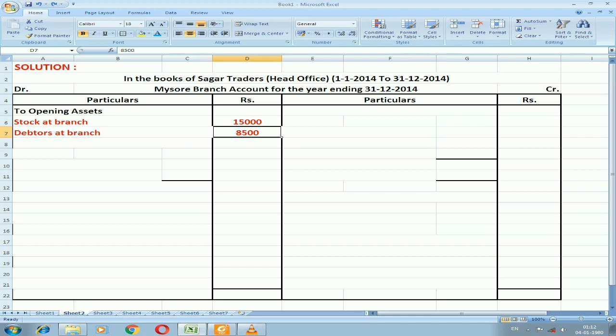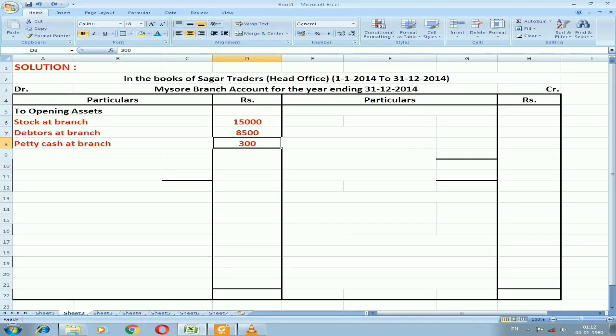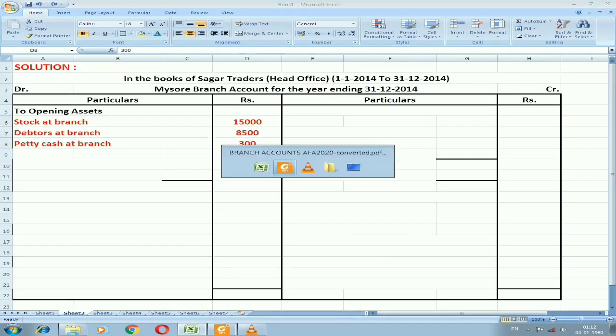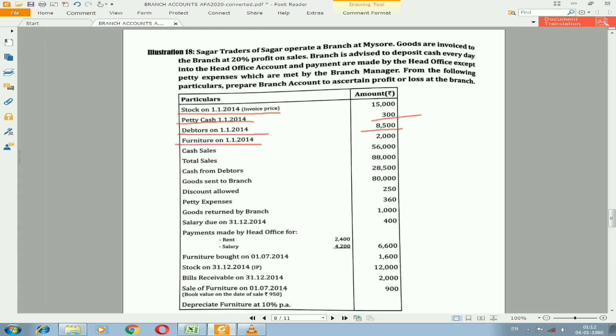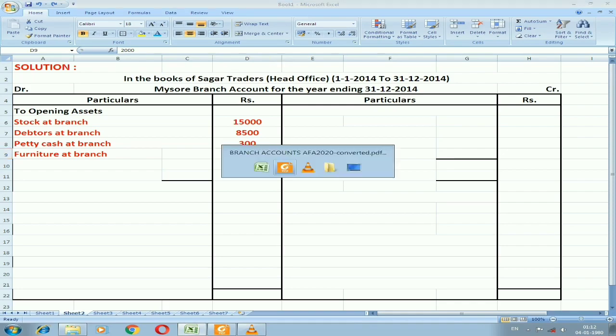So petty cash at branch with the amount of rupees 300. Then we have opening balance of furniture on 1/1/2014, amount of rupees 2,000. And apart from this, in the illustration, we don't have any other opening assets.